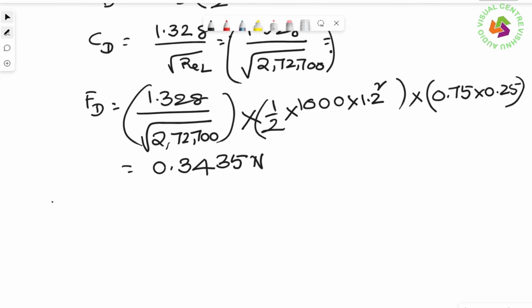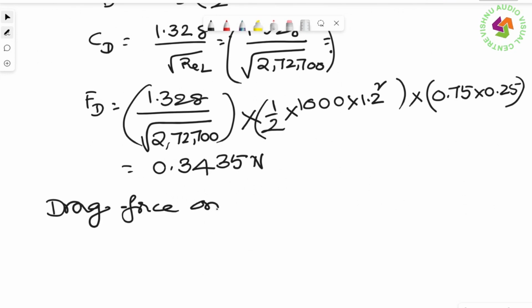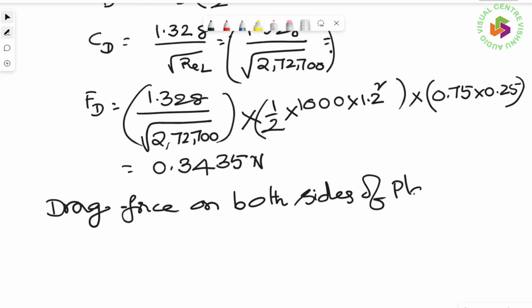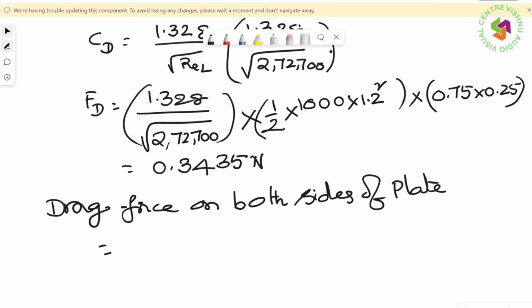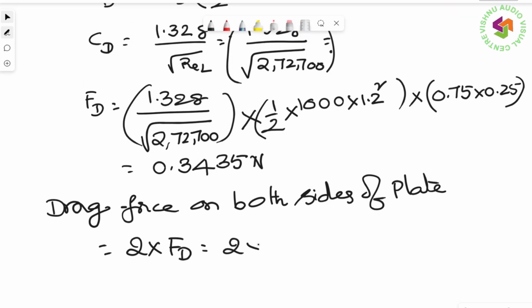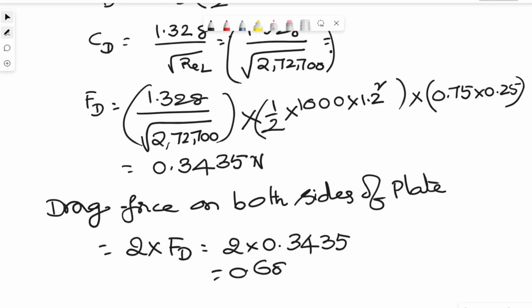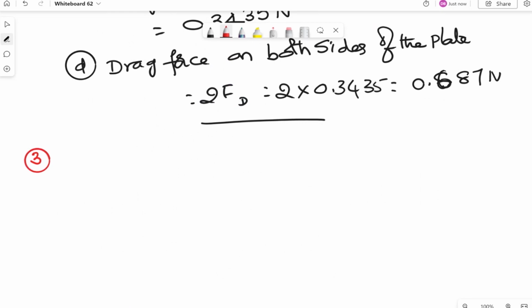If you want the drag force on both sides of the plate, it is nothing but 2 times FD. So 2 into 0.3435 is equal to 0.687 newtons.